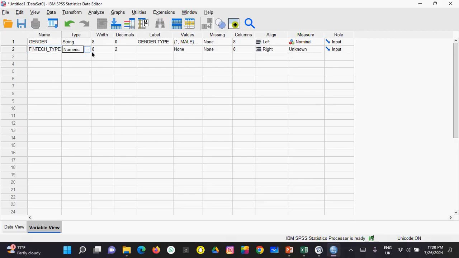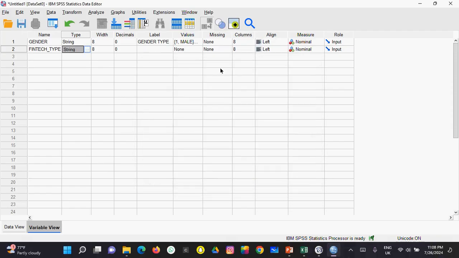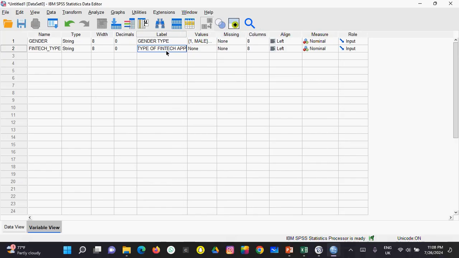This is also a categorical data. I put the strings here again, then type of fintech app.